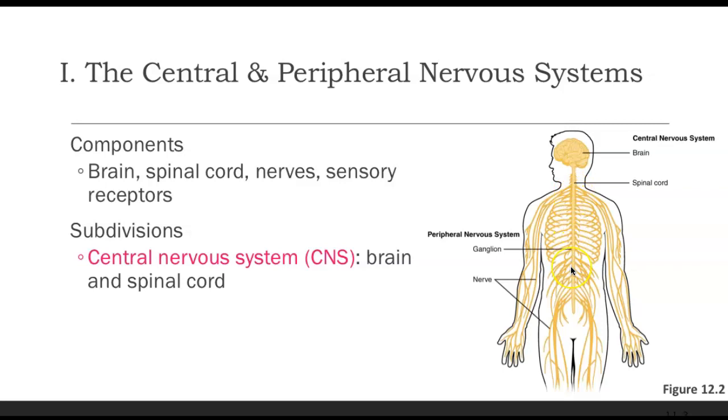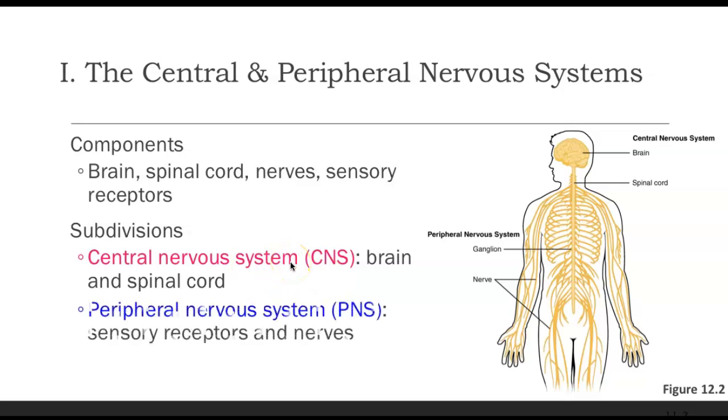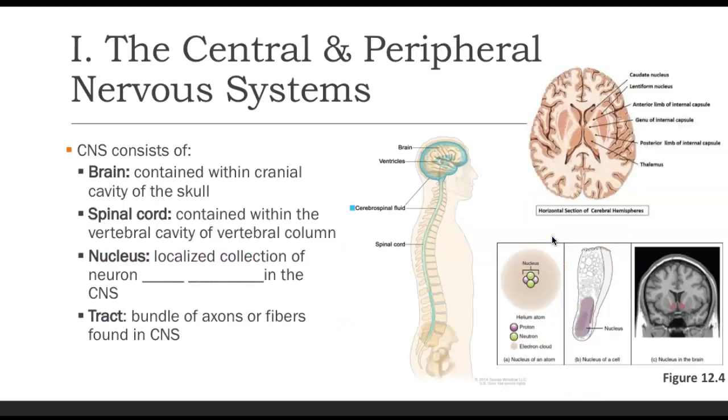And as you can see, this is in the center of our body. It's central, right? So it fits within the nervous system name. And then we have our peripheral nervous system, or PNS. And this will consist of the sensory receptors we have throughout our body and these peripheral nerves.